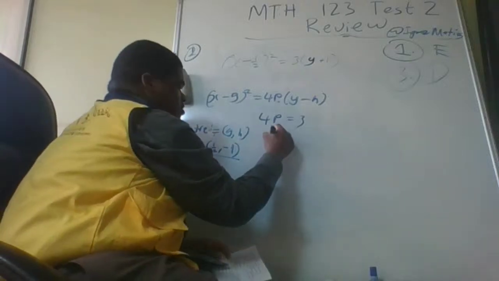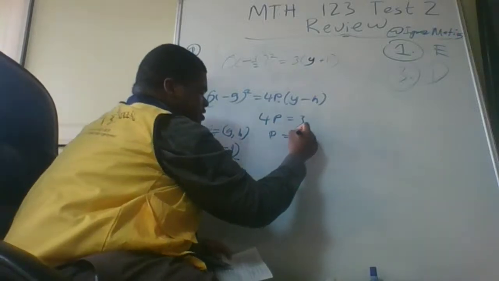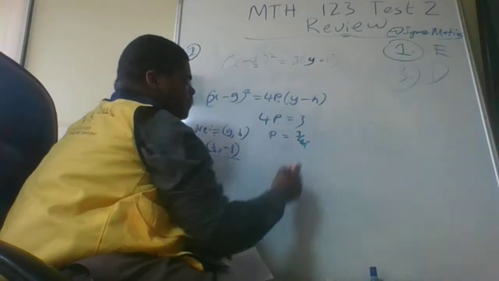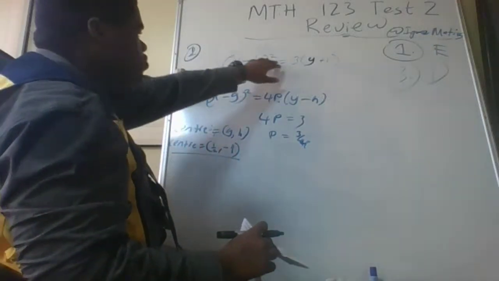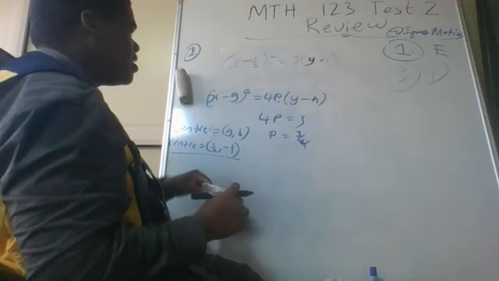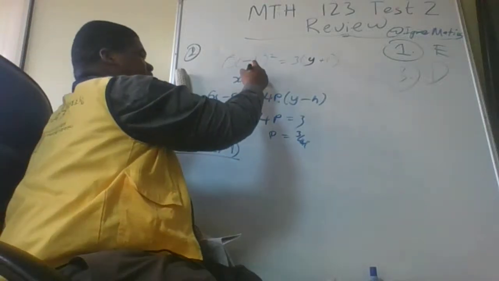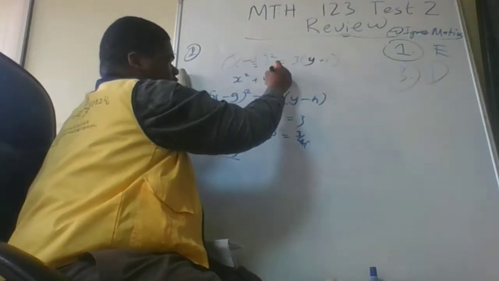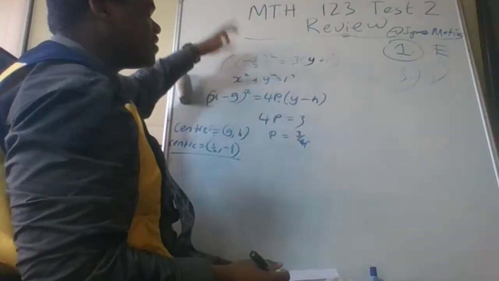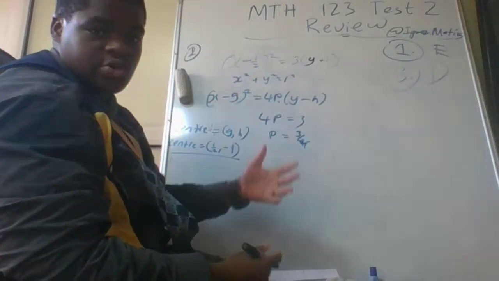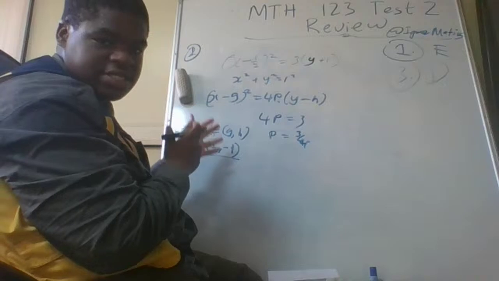So dividing by 4, you're going to have P is equal to 3 over 4. Now, if P is equal to 3 over 4, you have x squared. Remember, I told you last time that the general form for a circle was x squared plus y squared is equal to r squared, and it must not always be x, it can be x minus a, where a is going to be our x-coordinate for the center.